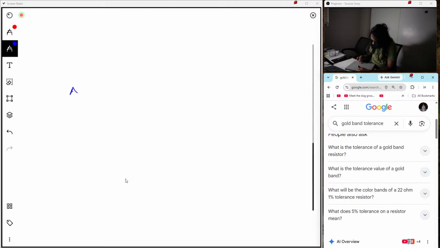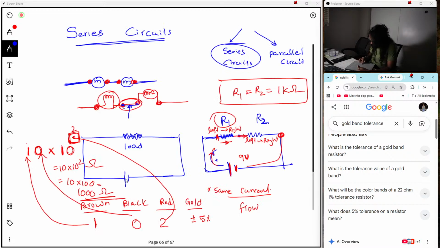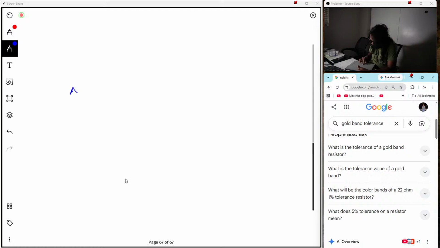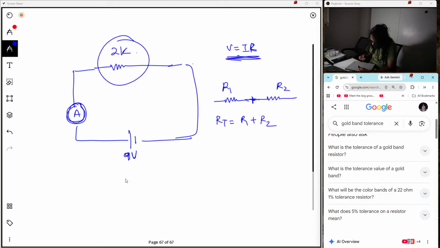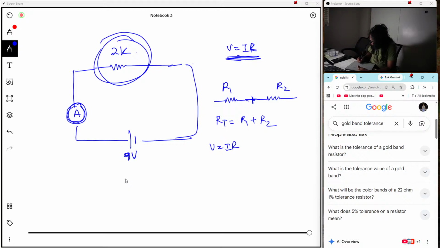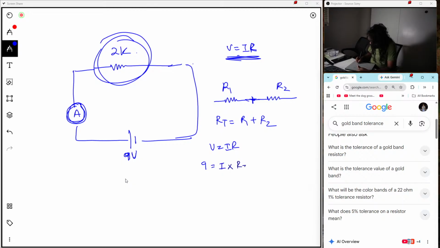So for us to find the current, we can apply Ohm's law. V equal IR for this combined resistor. The voltage applied will be 9 volts equal to I times RT. What is RT? RT we found as 2k.